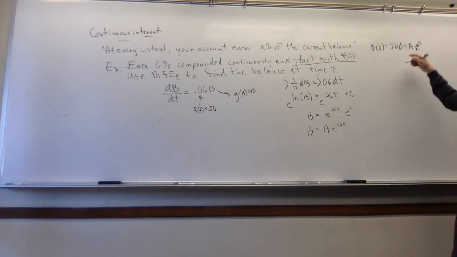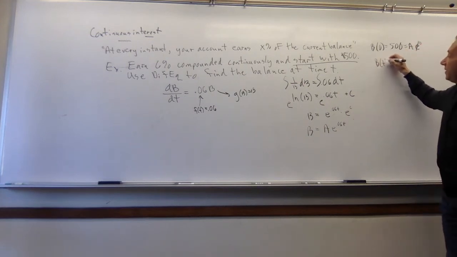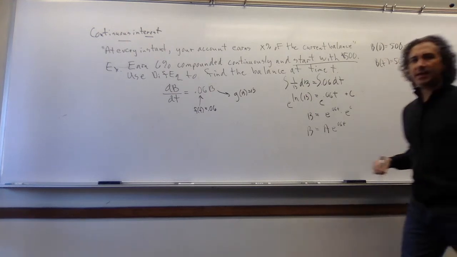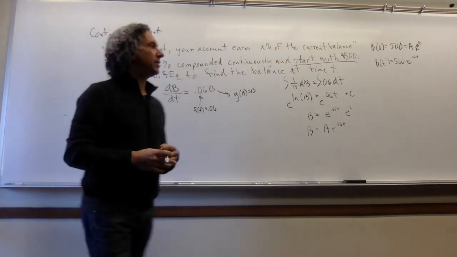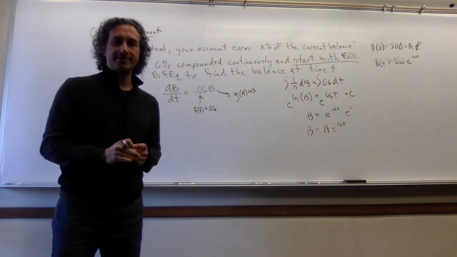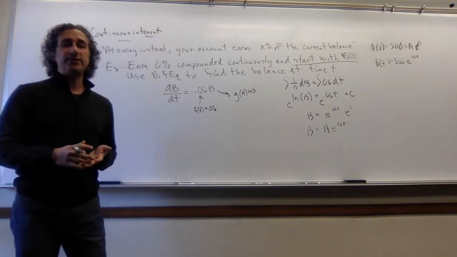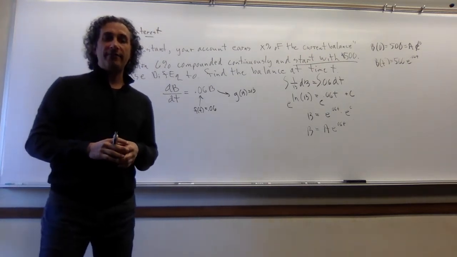So it looks like A is 500. So b, or b of t, is 500 e to the 0.06t. So there's my P e to the rt for those of you who remember this from pre-calculus. So that's one application. The second application that I'd like to investigate is Newton's law of heating and cooling.